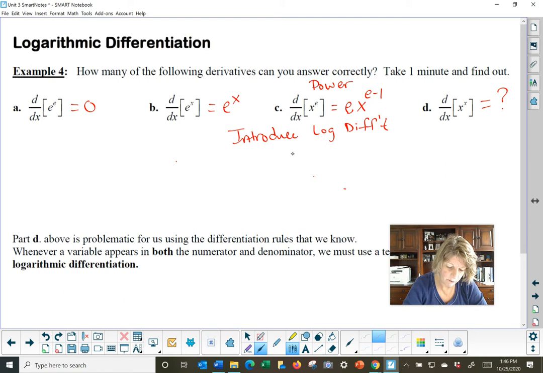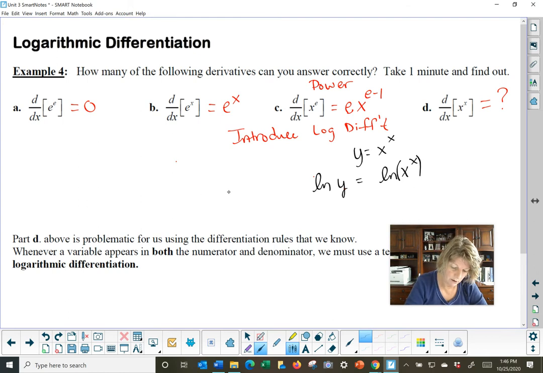Well, let's take our original function, y equals x raised to the x. And let's introduce a log on both sides. You can introduce whatever kind of log you want. I'm going to do a natural log. Okay, so natural log both sides.